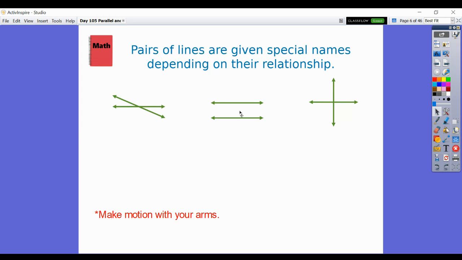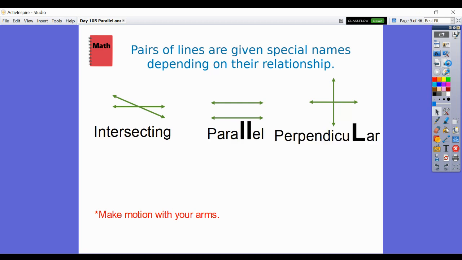With perpendicular lines, you can put your hands together and make like they're crossing straight like that with two hands. So that's perpendicular. And then these are intersecting lines where they cross each other at some point. Intersecting, parallel, and perpendicular.